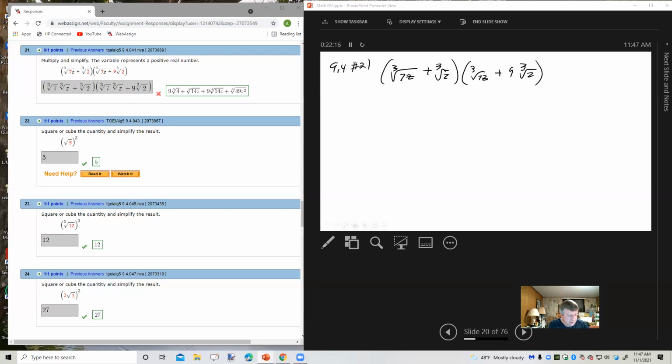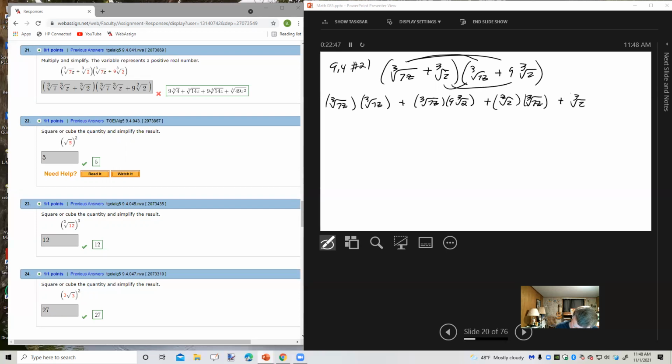So again, we're going to FOIL things together, and we're going to get the cube root of 7z times the cube root of 7z, plus the cube root of 7z times 9 cube roots of 2, plus 3 cube roots of 2 times the cube root of 7z, plus the cube root of 2 times 9 cube roots of 2.